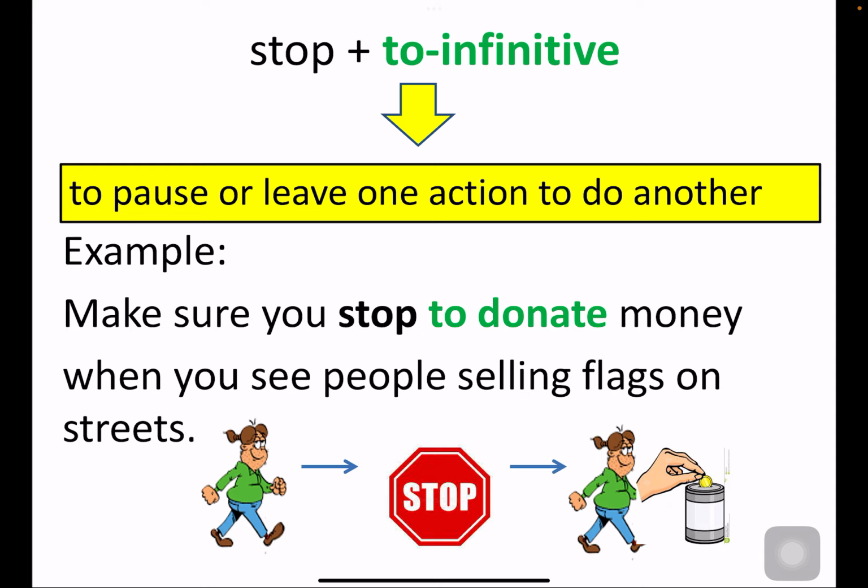So you can see stop followed by a gerund means quitting an action, whereas stop followed by the to infinitive means you stop the first action to do another action, and they have completely different meanings.